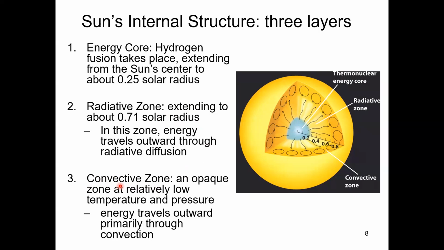Some of these words are familiar to you, I'm sure. When you say radiative, energy is transmitted through radiation. And when you say convective, you know that energy is transmitted through convection. Hot matter goes up and the relatively cool matter comes down.